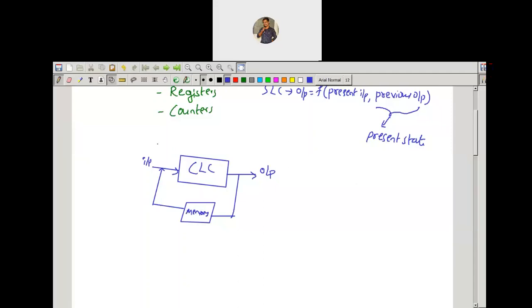This entire part, that is a combination of the combinational logic circuit as well as this memory part, is called a sequential logic circuit. So this is one sequential logic circuit. Here I'm using a shortcut. You should not use shortcuts in your examination. You have to write the full form, sequential logic circuit.